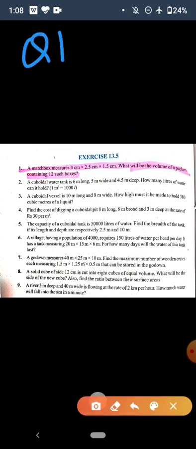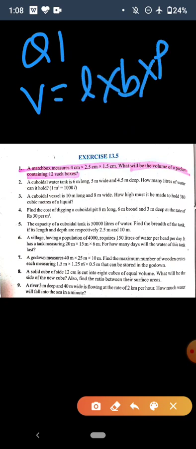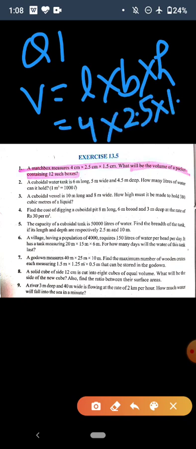Question number 1. A matchbox measures 4 cm, 2.5 cm and 1.5 cm. What will be the volume of a packet containing 12 such boxes? So the first task is to calculate the volume of a matchbox. Length, breadth and height are given, so you can calculate the volume.